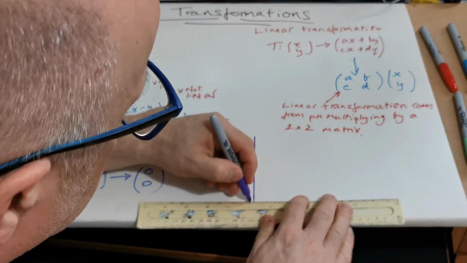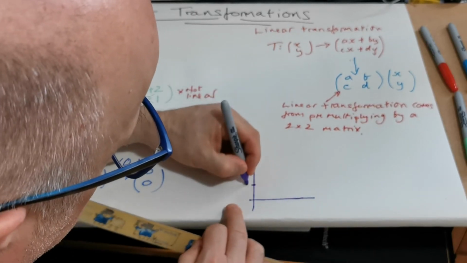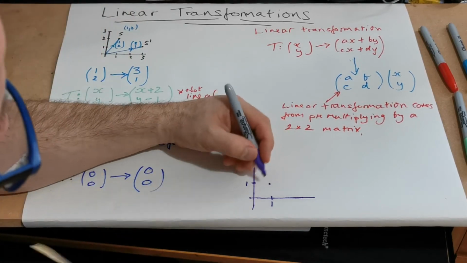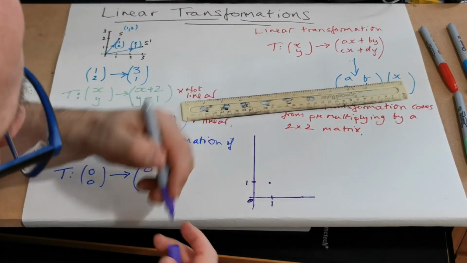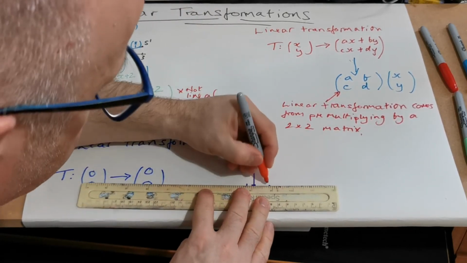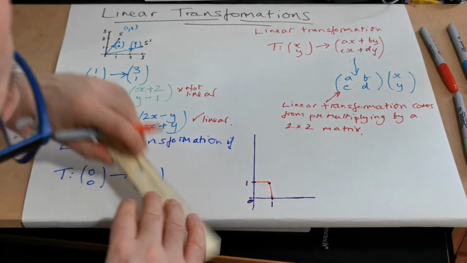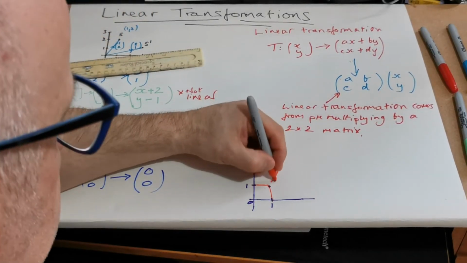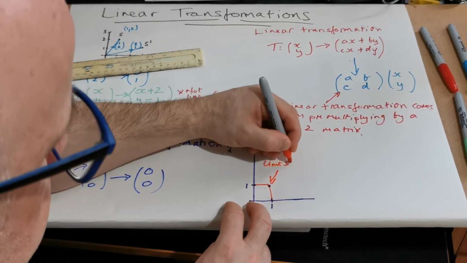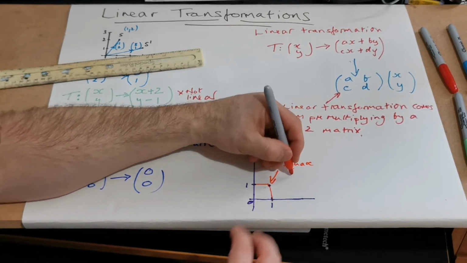one of the things we're going to look at later on is something called the unit square. So we make a square just on this axis, just down here. And if we were to think about the points that make it up, we can put them all into one matrix.